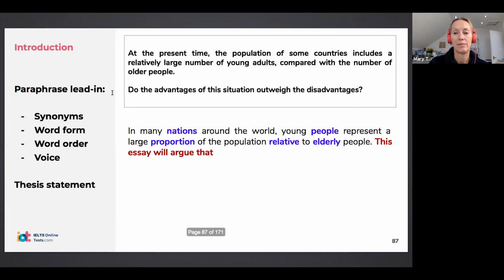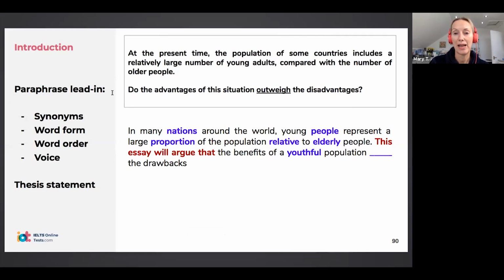Okay. And then we've got a nice linking phrase here, which just introduces the thesis statement. So this essay will argue that the benefits of, okay, another synonym for young here. Youthful, yeah, that's right, youthful population.